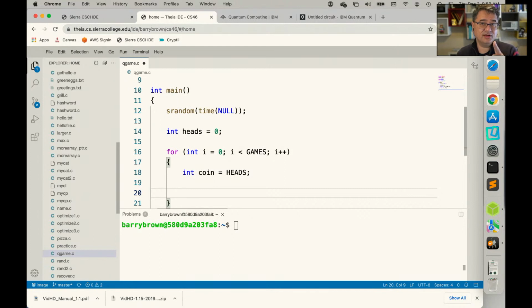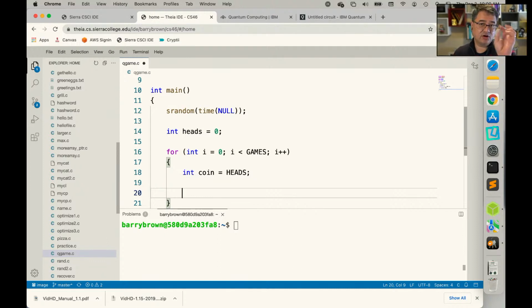So the computer can either flip the coin or not. So there's a random choice to either decide to flip the coin or not. And then if the computer does decide to flip the coin, whether it comes up heads or tails is itself random. So there's actually two random things happening here. First is a decision whether or not to flip the coin. And the second is the outcome of the flip itself.